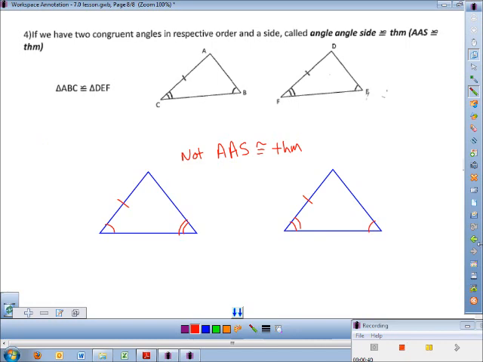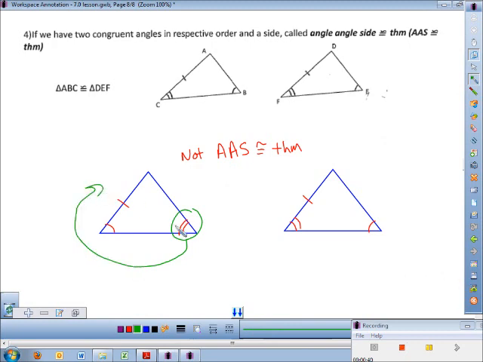Here's an example that doesn't work. If you go around the clock this way, from here to here, notice you went double arc mark, single arc mark, side, and then in the same direction and orientation over here, the arc marks got all switched around. It went single, double, side.